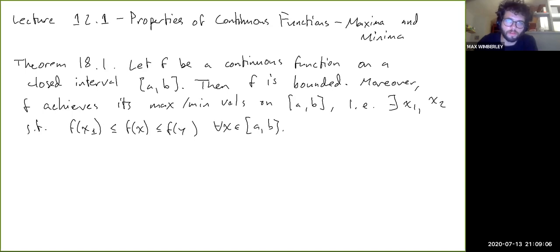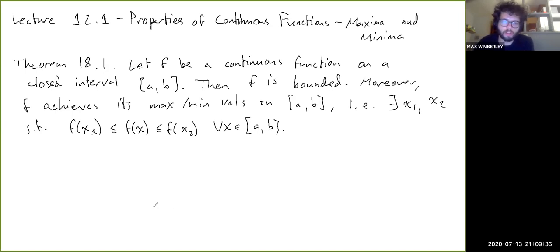I think it's just misleading to use a y here, since people are really used to thinking of y as the value of f. Anyway, x1 is the location of, or one of the possible locations of where f achieves its minimum value, and x2 is one of the possible places where f achieves its maximum value. So there's at least one value of x for each one of those.